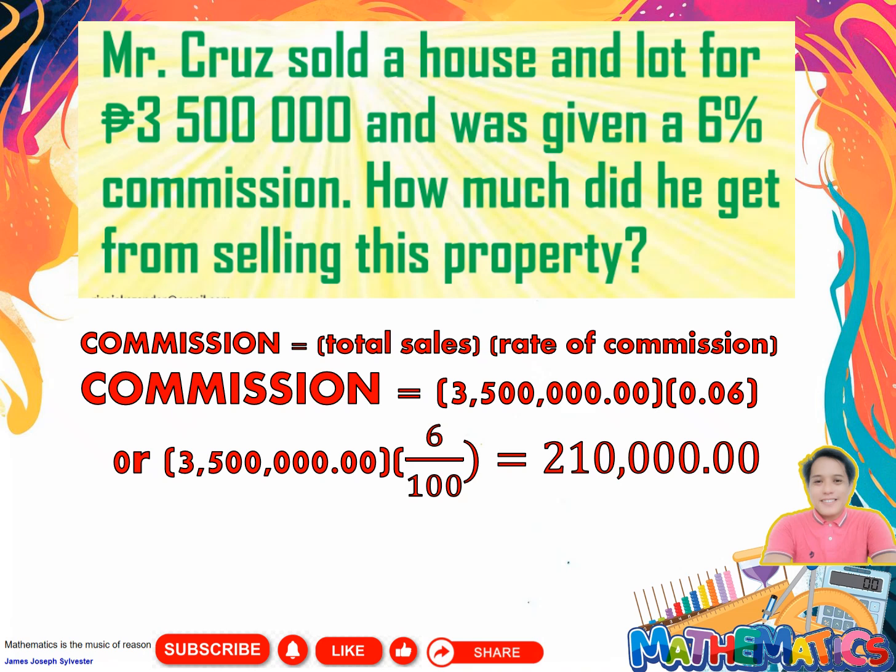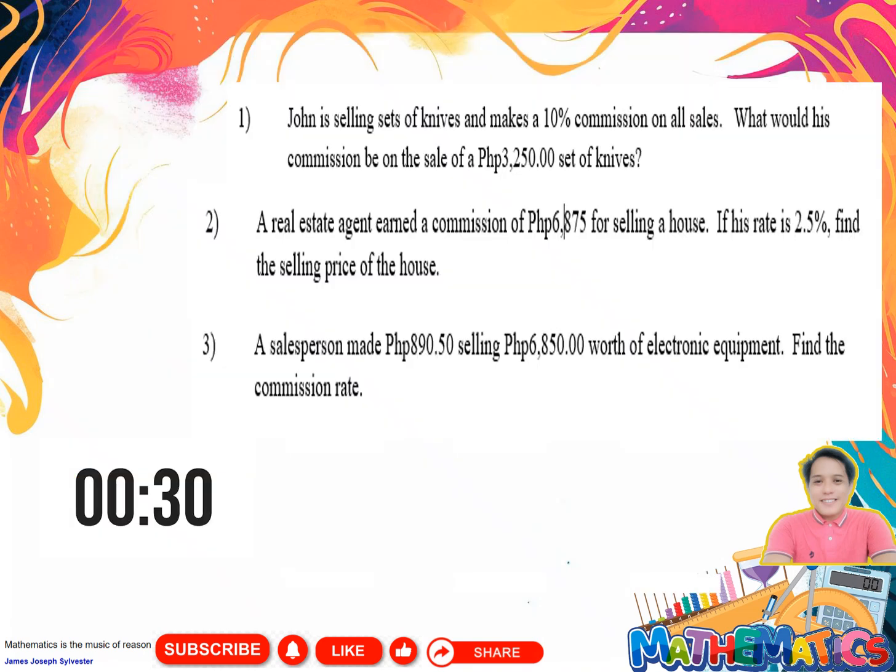In fraction form, 0.06 is 6 over 100, so 3,500,000 multiplied by 6 over 100, and the answer is 210,000 pesos, the commission of Mr. Cruz who sold a house and lot.